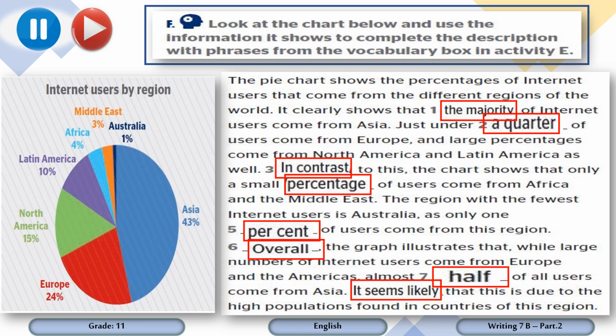The last one, it seems likely. Fantastic. We can also use in conclusion or to summarize, or it is evident that, or it can be concluded that. It seems likely that this is due to the high populations found in countries of this region.